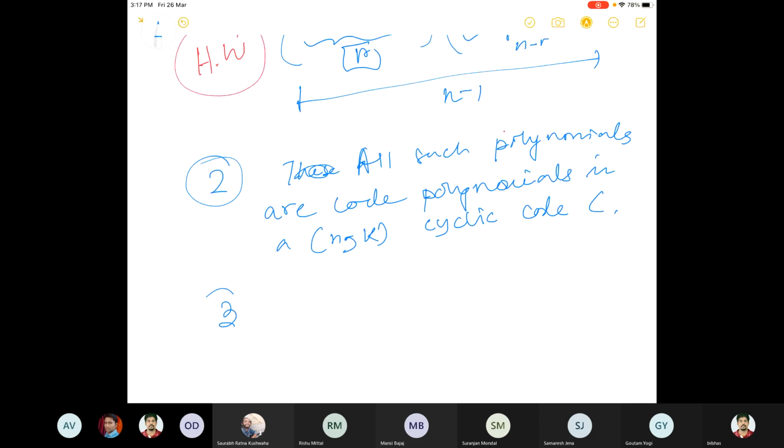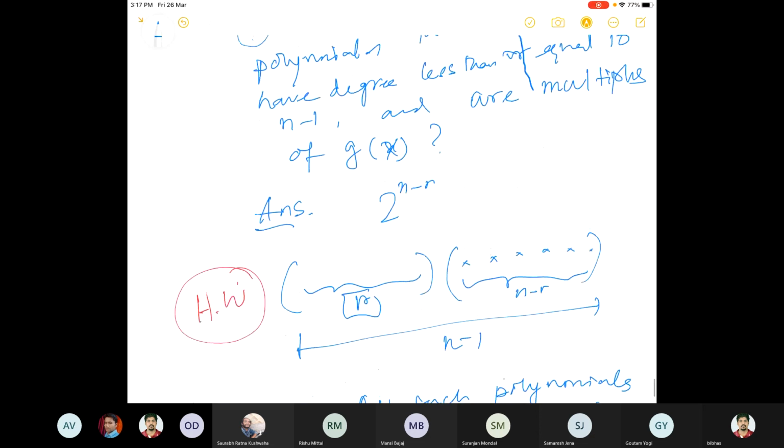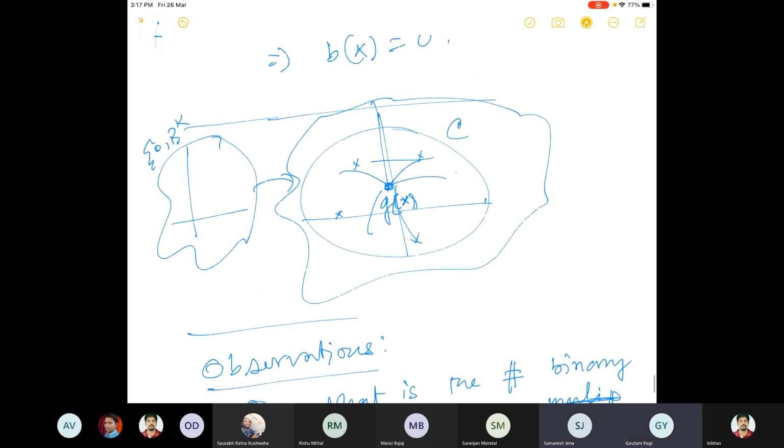Now, third observation. How many code polynomials could be there? What is the total number of code polynomials? Is it 2 to the power n?